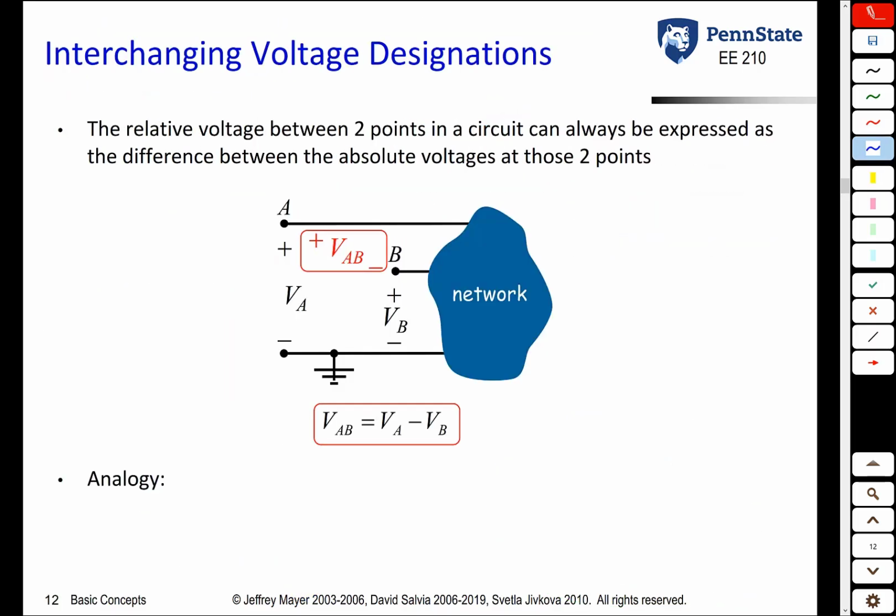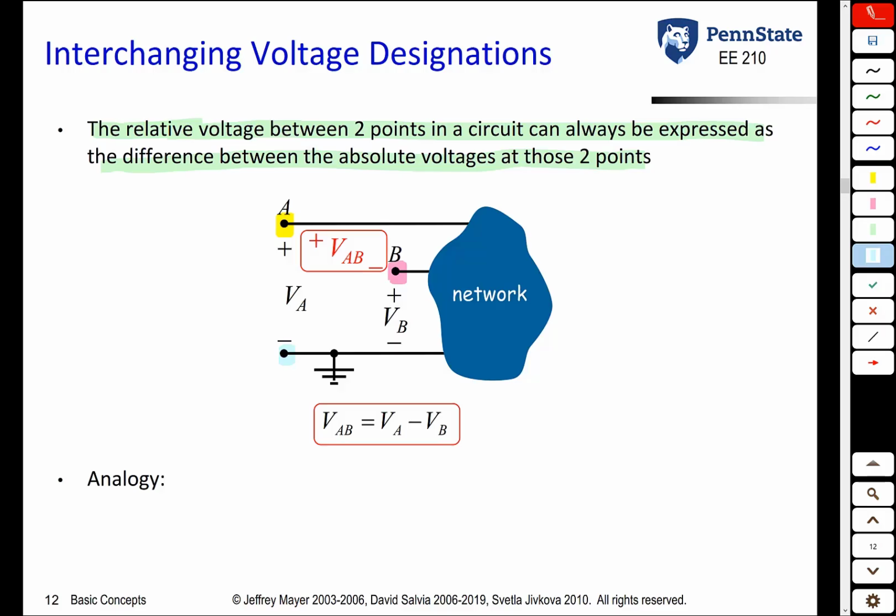It turns out that there's a very simple relationship between absolute and relative voltages. Specifically, the relative voltage between any two points in a circuit can always be expressed as the difference between their individual absolute voltages. For example, suppose we have point A in the circuit, we have point B in the circuit, and we have another point designated as ground. So the absolute voltage at point A is VA.